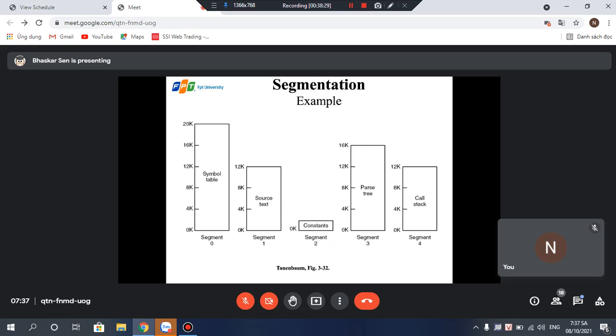And as I said, later on, when we go towards the end, what we will see is, remember what I said, that memory management will come down to logical interpretation of your program.